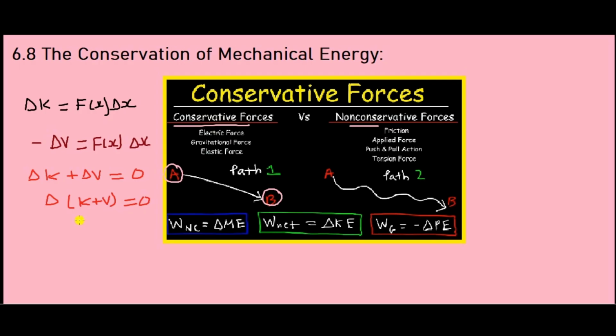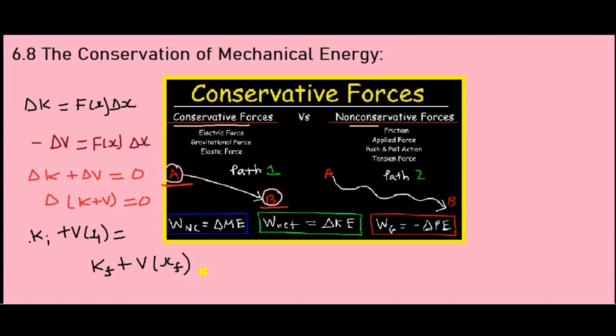So if the object moves from the point xi to xf, from A to B, the total energy associated with it can be given by initial kinetic energy plus initial potential energy, V of xi, which must be equal to final kinetic energy plus final potential energy, V of xf.